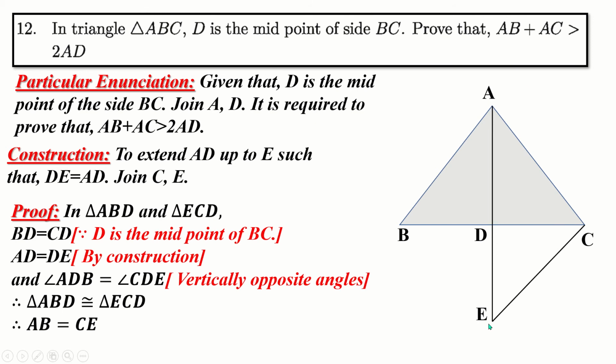AD is equal to DE by construction, and angle ADB is equal to angle CDE because they are vertically opposite angles. Therefore triangle ABD is congruent to triangle CDE, and hence we can write AB is equal to CE.